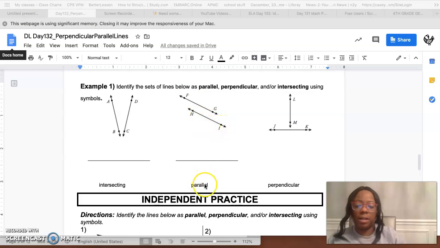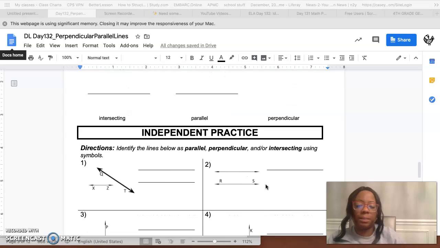These lines are considered parallel because they don't touch each other and they have a particular distance in between each other. And the last example is perpendicular because the lines will go on forever in each direction and will form square angles all the way around. That's what makes them perpendicular.